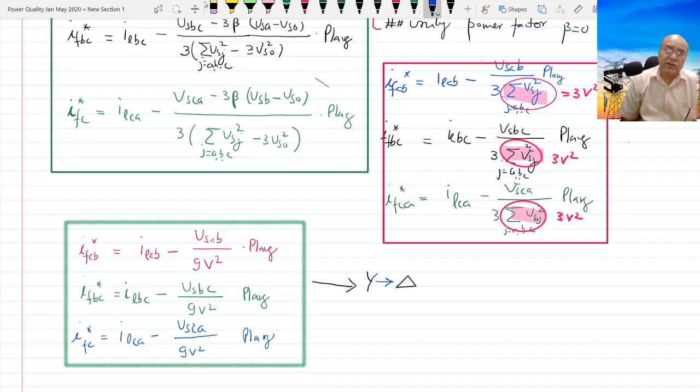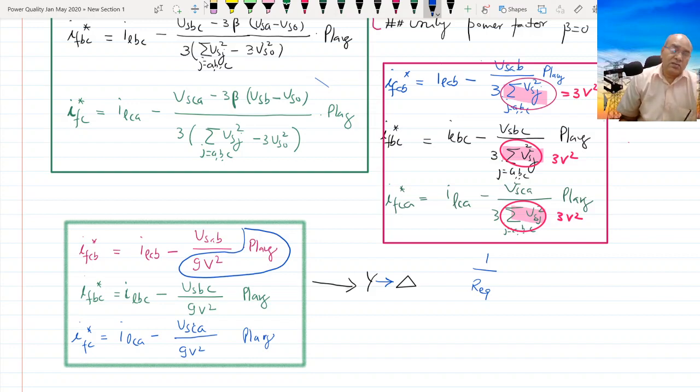In the previous scheme, we found that this ratio of this to this was 1 by R equivalent.